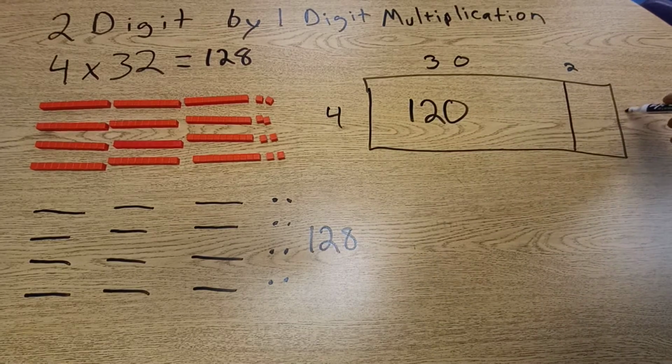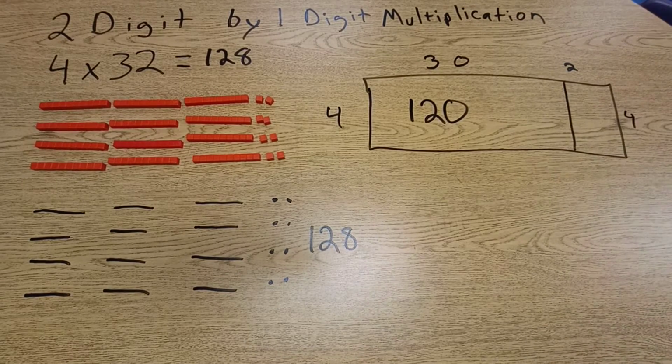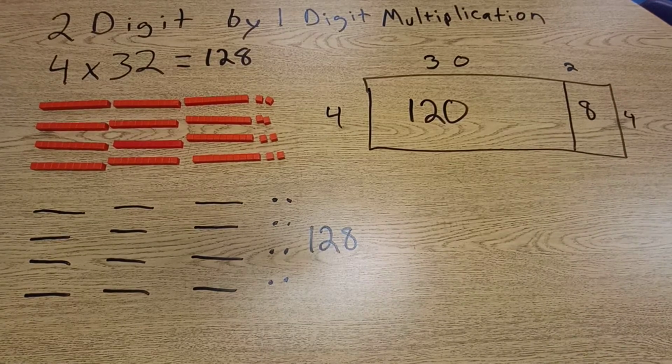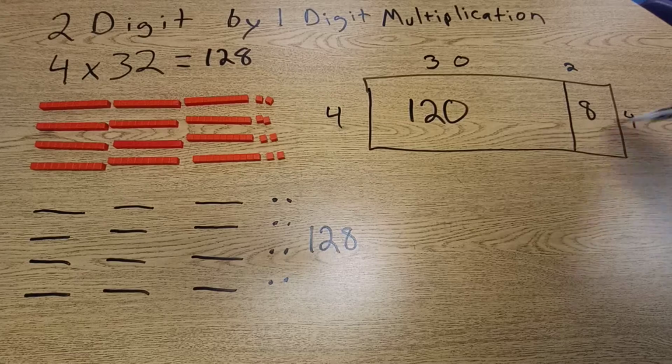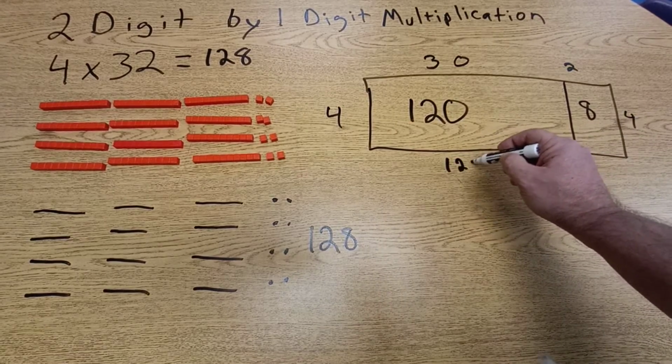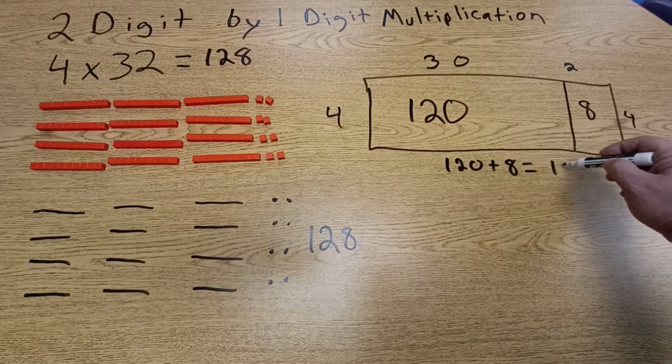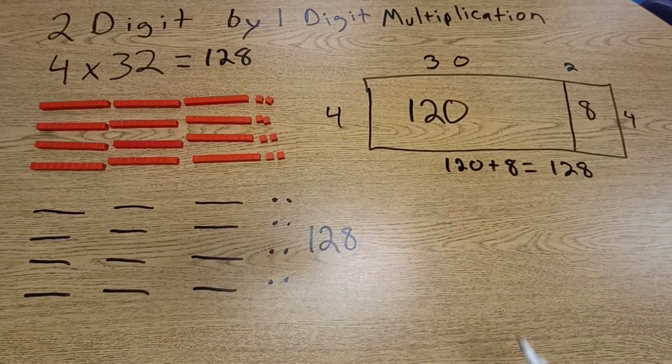So the area of this rectangle would be 2 times 4, or 4 times 2, and 4 times 2 is 8. So if I'm trying to figure out what 32 times 4 is, I just add 120 plus 8, and that would equal 128. So 4 times 32 using the area model is 128.